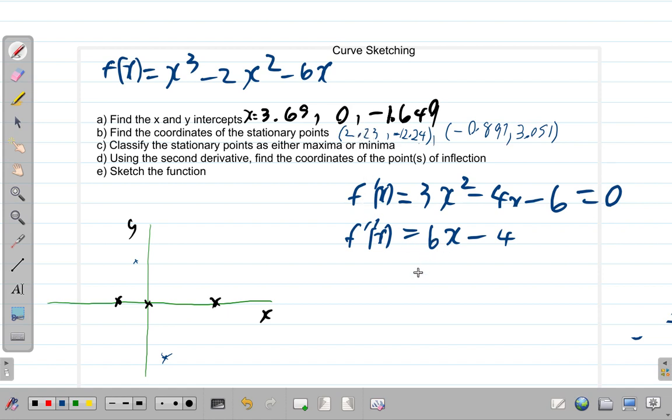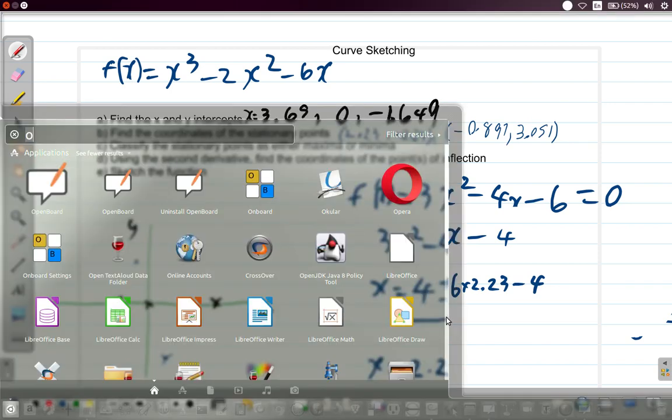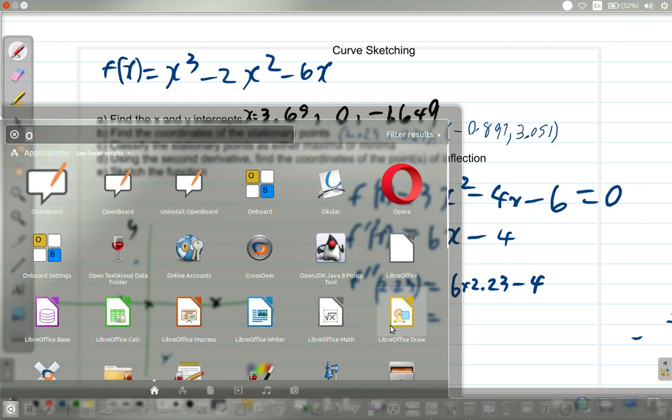Let's substitute it here. F double prime of 2.23 is going to be equal to 6 times 2.23 minus 4. What do you get for that? You can see that it's going to be positive, not a negative. But let's calculate it anyway.